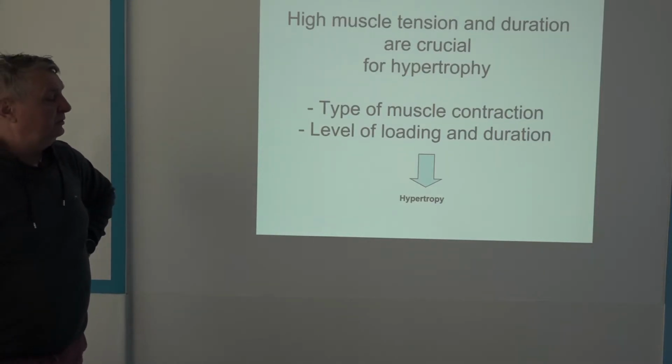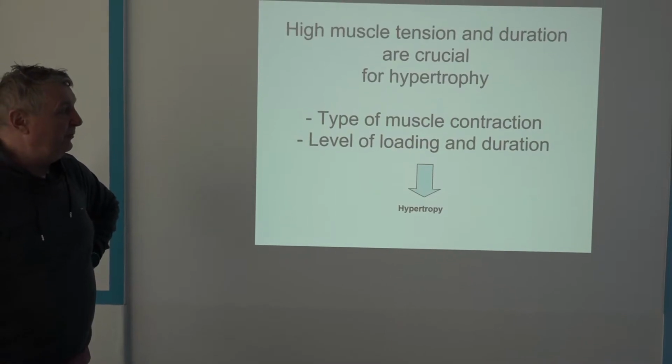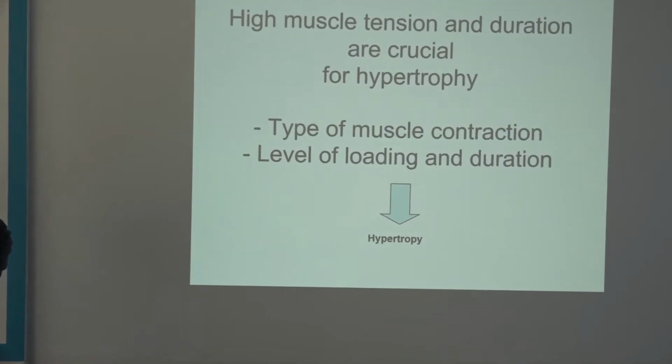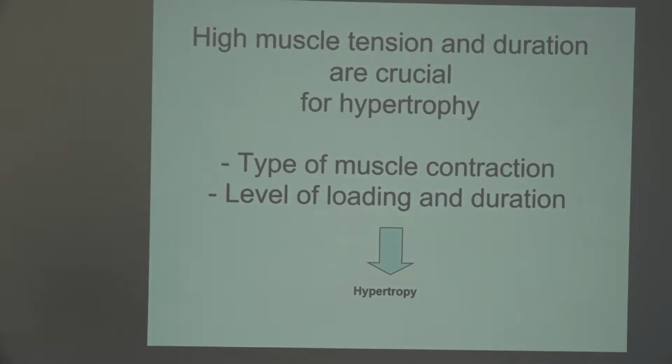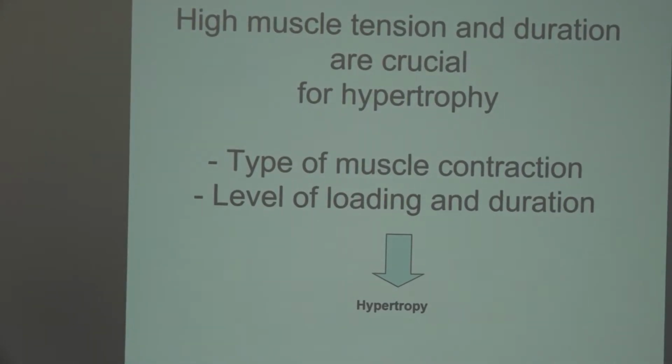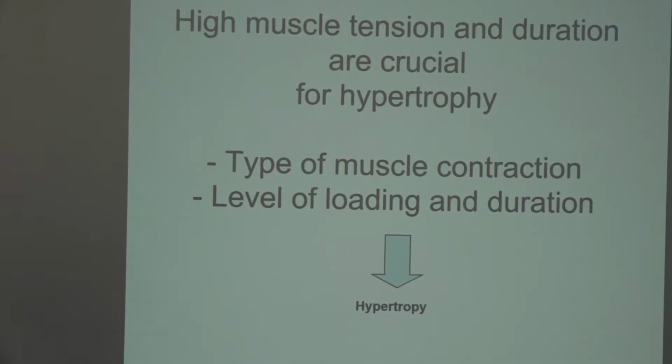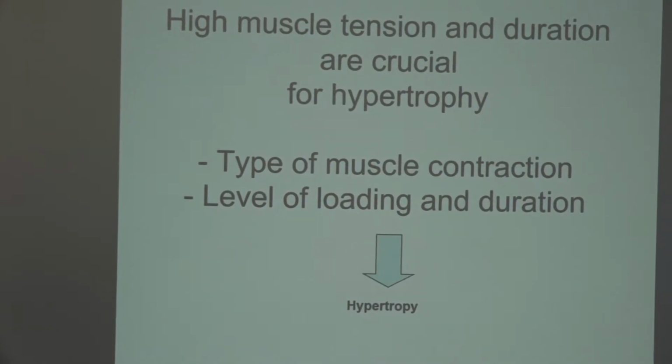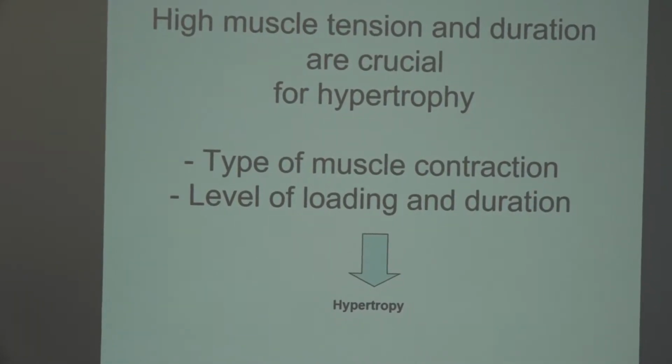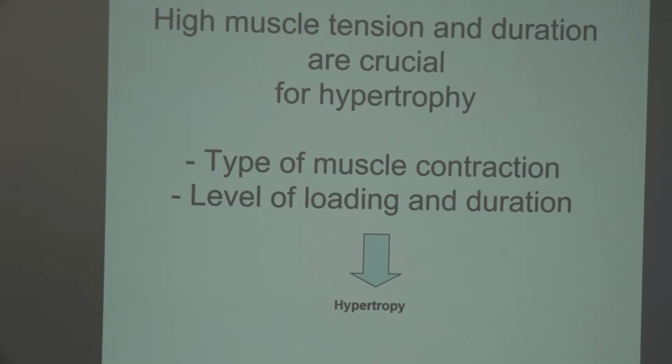So we talked about the type of muscle contraction which influences the maximal force generation of the skeletal muscle. And now we are jumping to the last one, as I mentioned to you, hypertrophy. So if you increase the size of the muscle, potentially you can increase the maximal force.